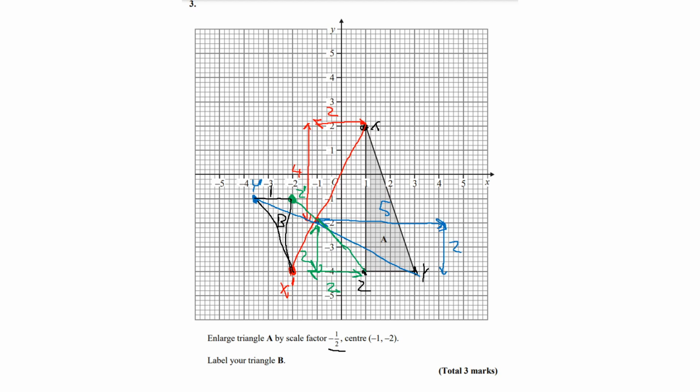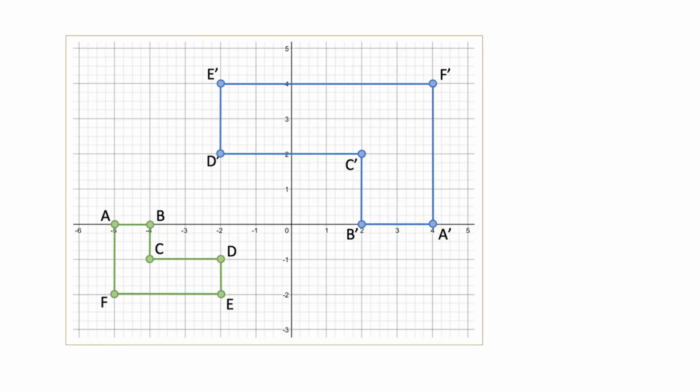And if you look at the height is 1, 2, 3, 4, 5, 6. And as you can tell, it's 1, 2, 3. So it's half as big. Now, let's see what happens if we are told to describe the transformation.